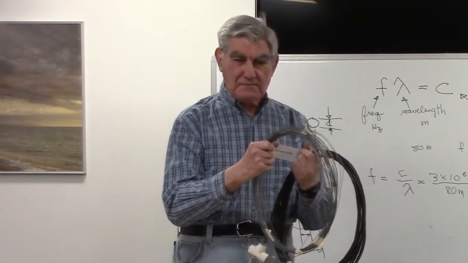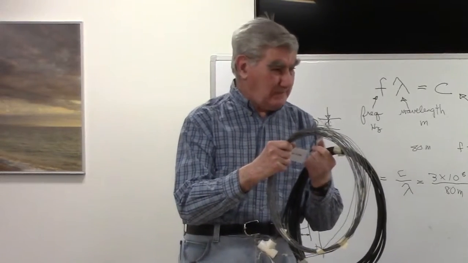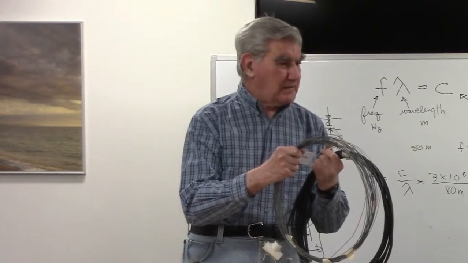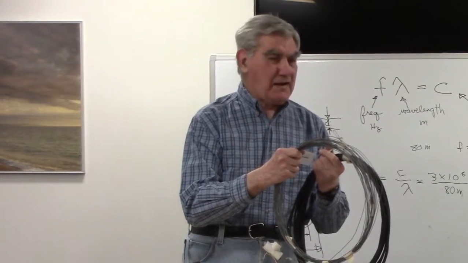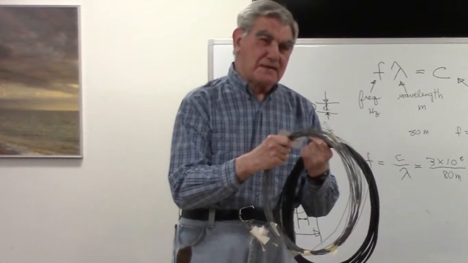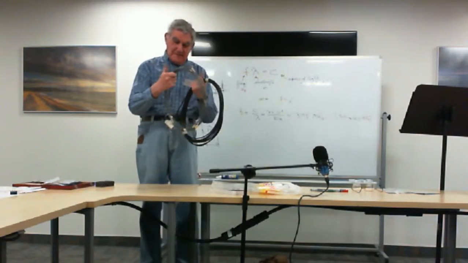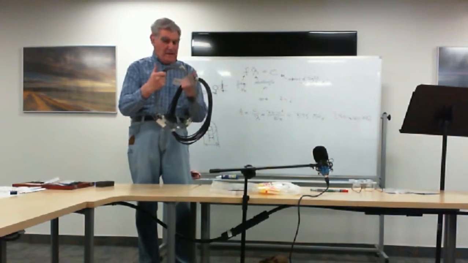Anybody know what electric fence wire is made of? Probably galvanized. Galvanized what? Steel. Yeah, you don't galvanize anything but steel, I guess. Anyway, zinc plated.